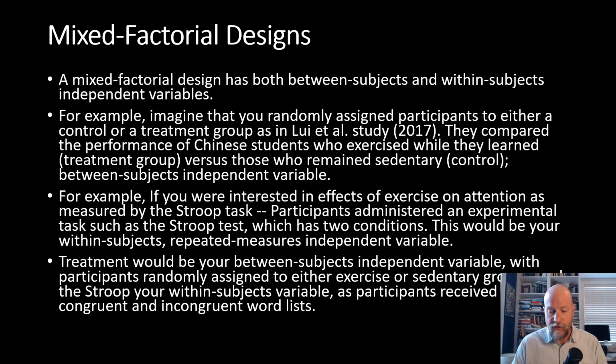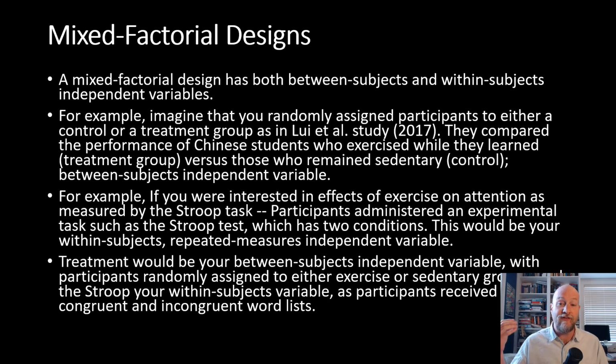So you're in a situation where you have to think all of the pros and cons through in terms of how many factors to have in your multifactorial design, and then how many levels to have within each of those variables. But this mixed factorial design might be a good way to decrease the number of participants that you need.